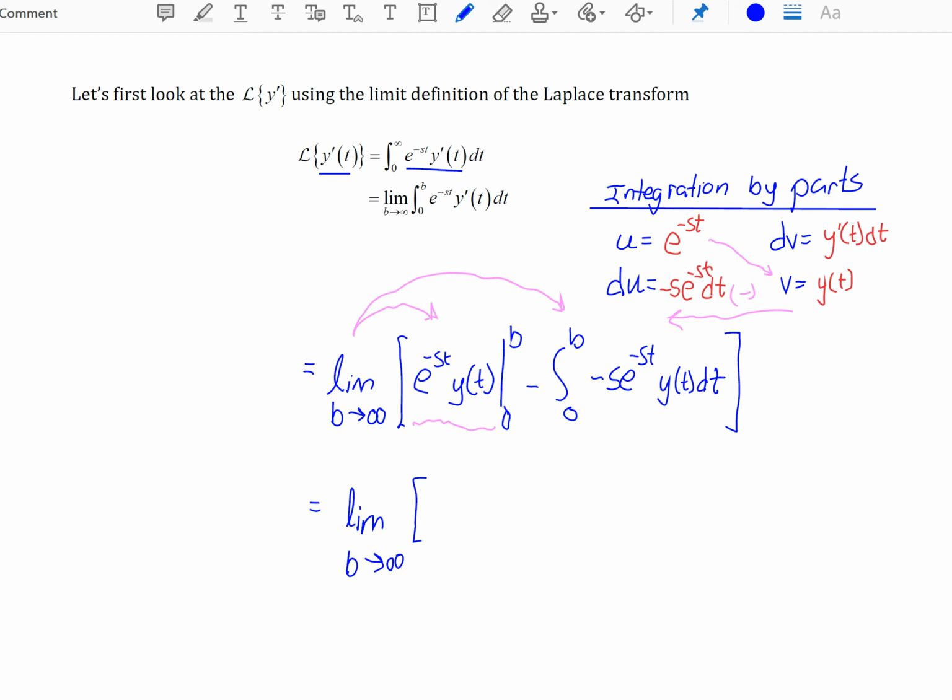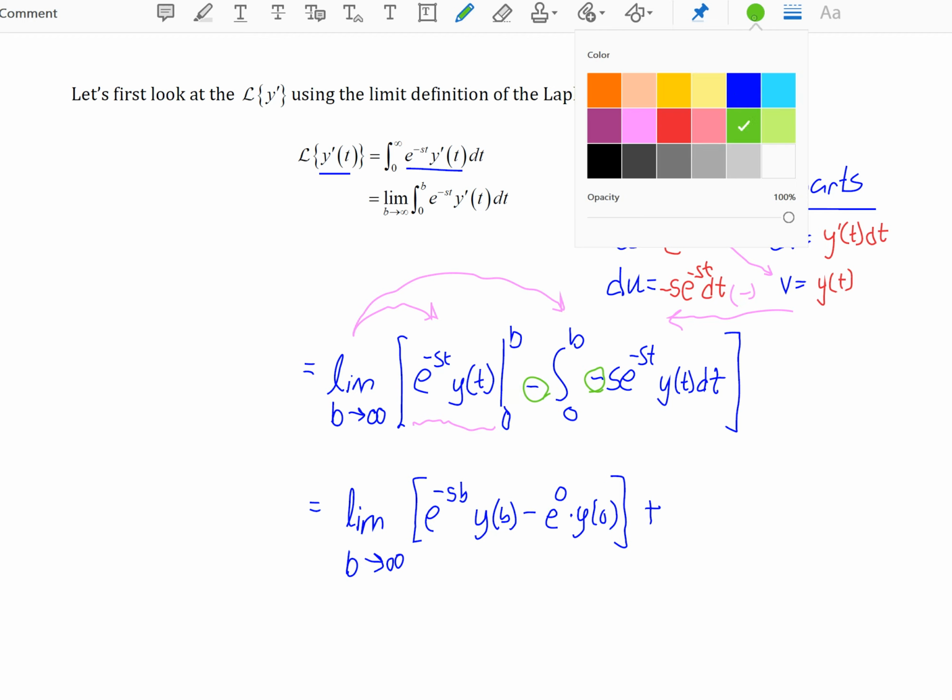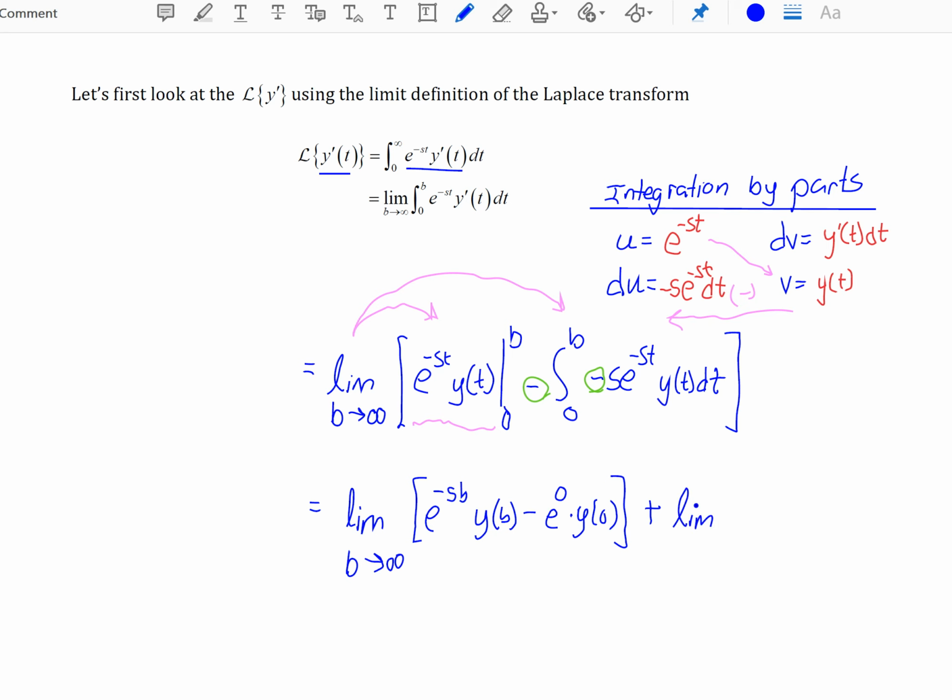Now remember, we're evaluating at the upper limit first, so we'll have e to the negative sb times y of b, minus, when you evaluate at your lower limit, e to the 0 times y of 0, plus, where I've chosen to combine our two negatives here, the limit as b goes to infinity of s times the integral from 0 to b of e to the negative st y of t dt.